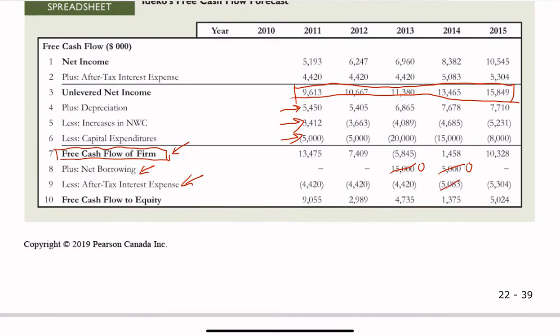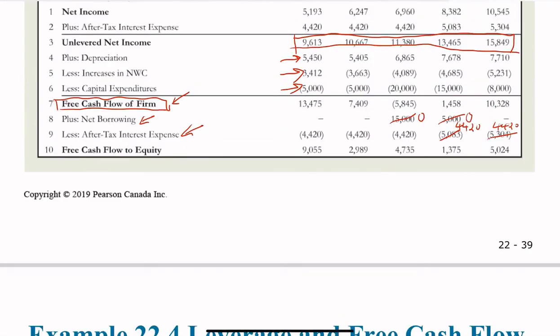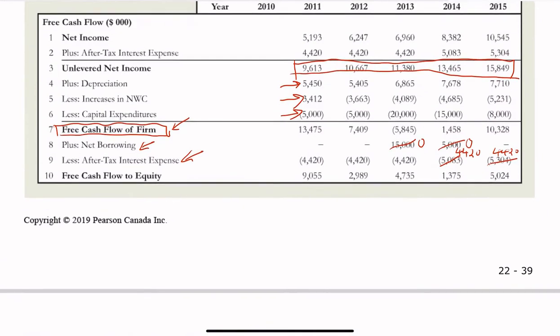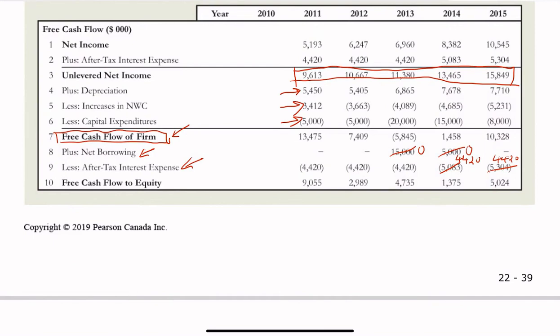So here we will get 4420 and 4420. So basically you can see that the firm's free cash flow to equity should stay the same for the first 2 years. And then for year 2013, 2014, and 2015, the free cash flow to equity should change, right?